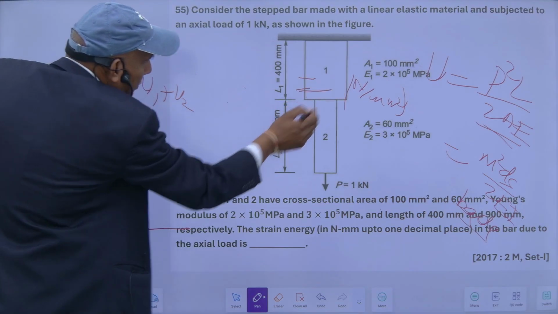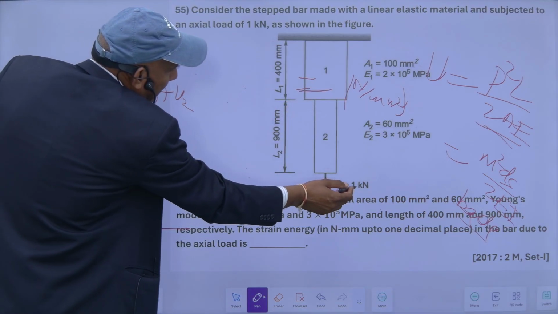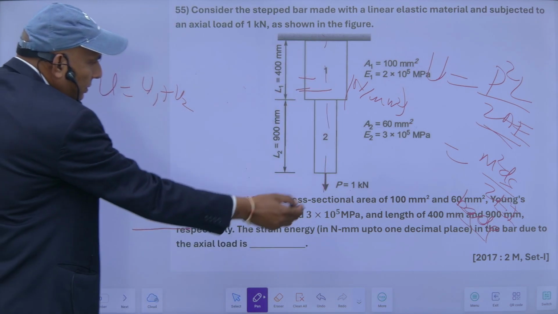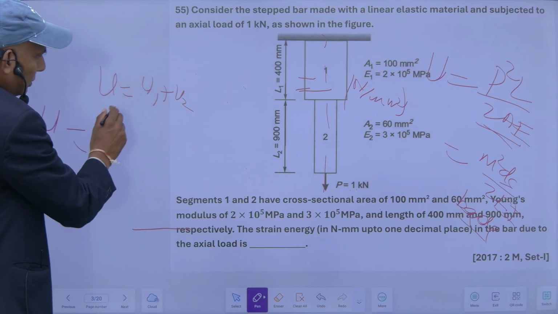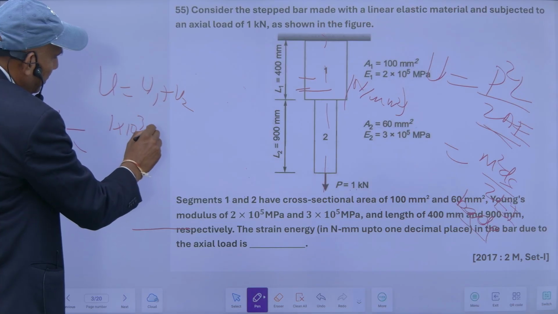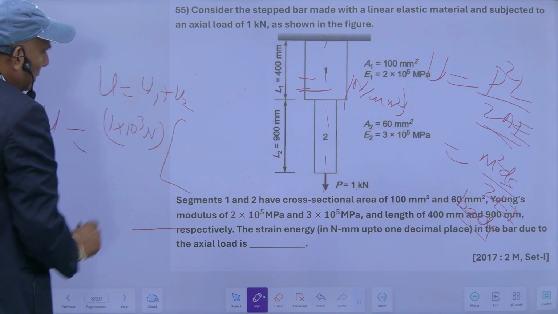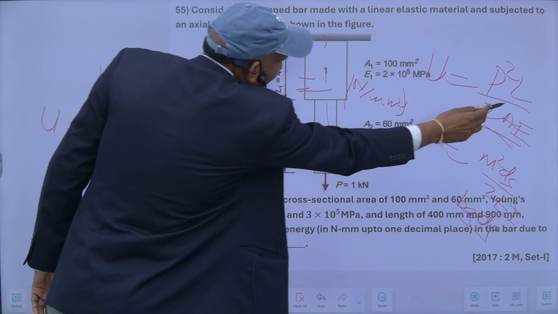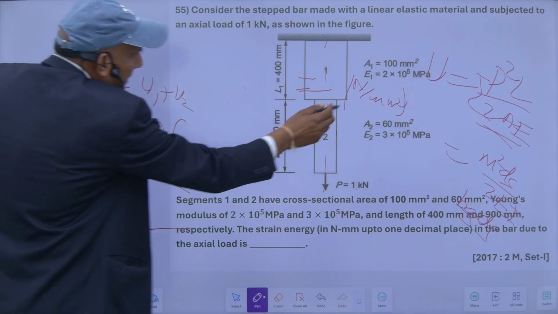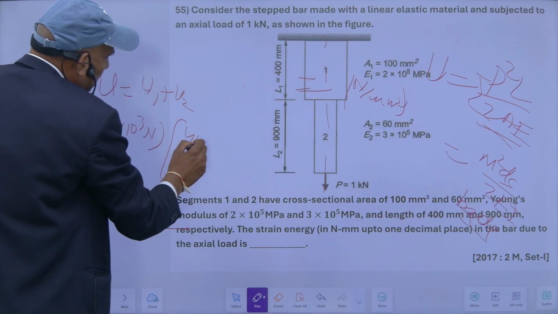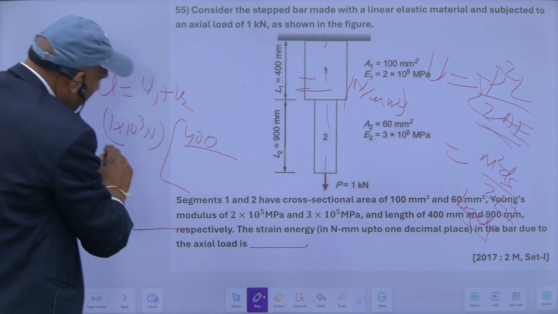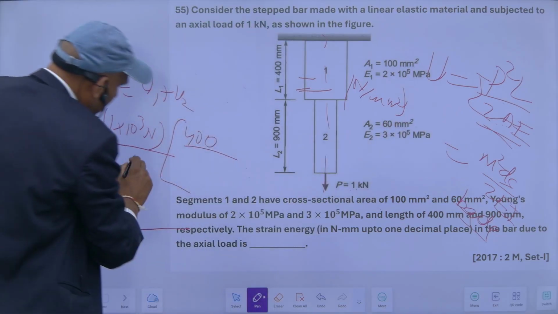My load will be constant. Since P is passing through the central axis, this P will remain constant. So P means 1 into 10 raised to the power 3 Newton, into L upon 2AE. The 2 will also be common, so I can take it outside.